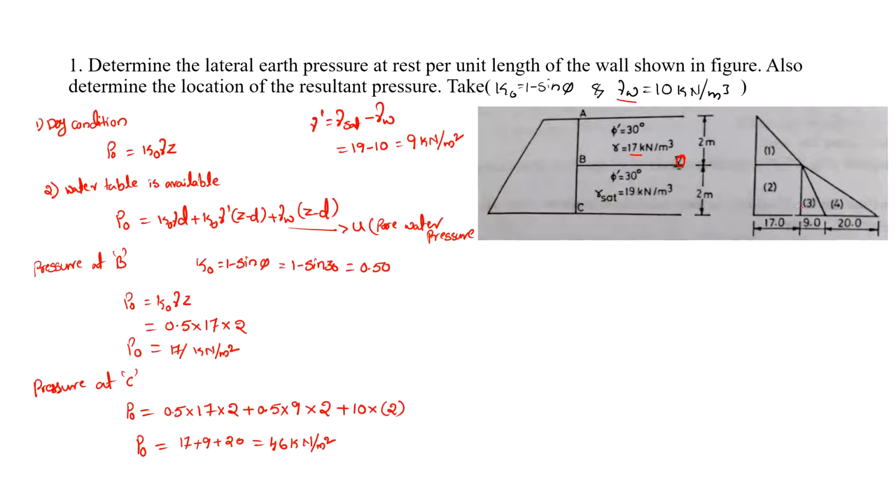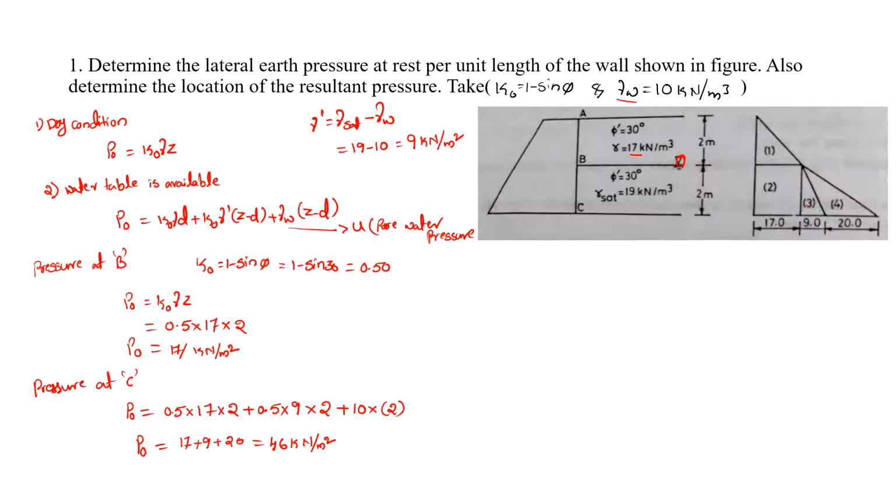This is the diagram. Because of the dry soil, this is the pressure distribution on the retaining structure. Up to point B we have 17, and because of the dry soil, the pressure is also developed at point C, so this is constant.